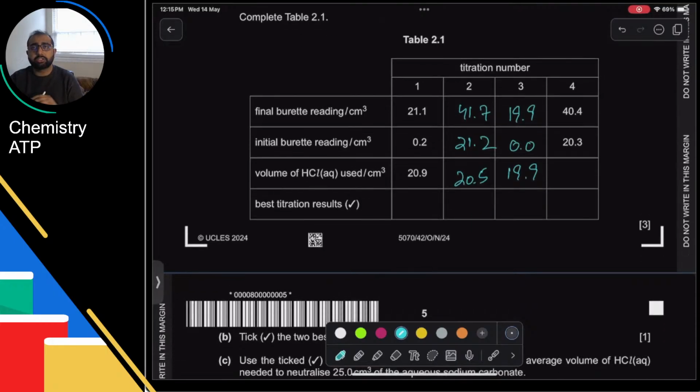The best titration results are the ones that are very close to each other and preferably on the lower side. The difference between these is 0.6, the difference between these is 0.4, so I'm going to pick these two. Even though 19.9 is lower, it's still much farther away, so I will not consider that.